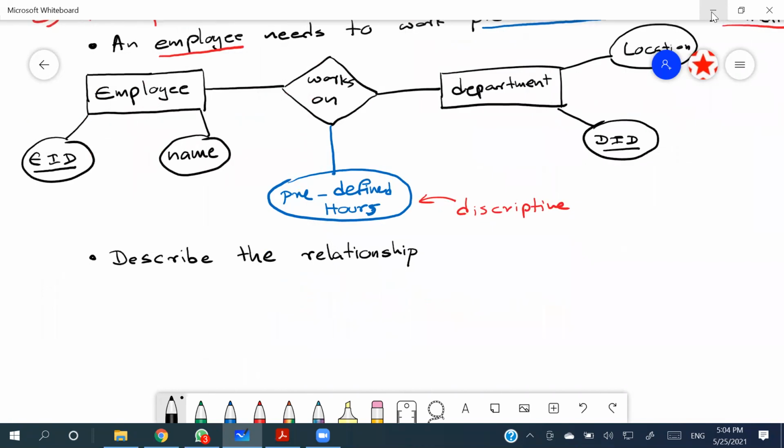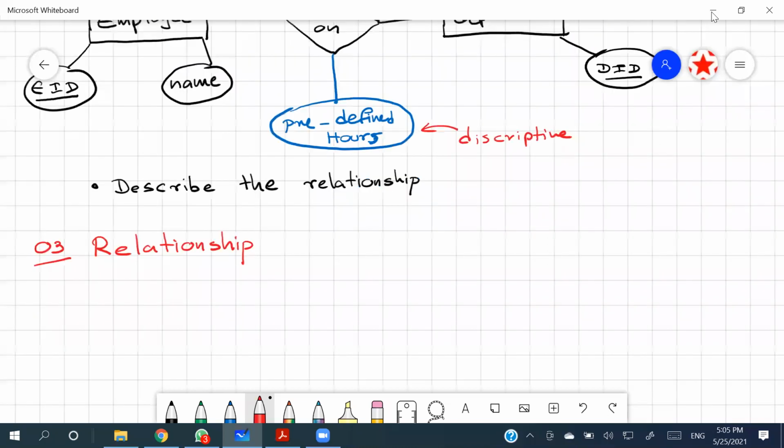So the third component is called the relationship. When it comes to relationships, it is indicated in a diamond box, and there are types of relationships.